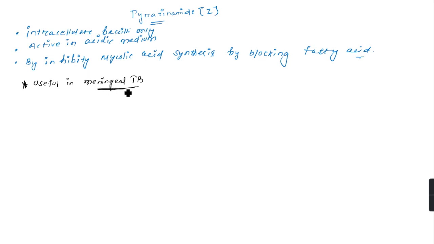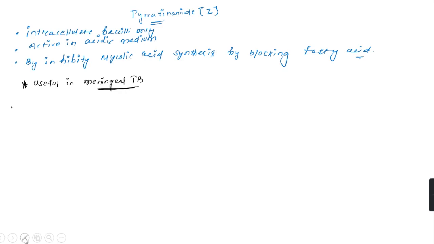In that condition it is effective. The important side effects are hepatotoxicity. Most of the antitubercular drugs are hepatotoxic in nature. Hepatotoxicity is a dose-dependent adverse effect.